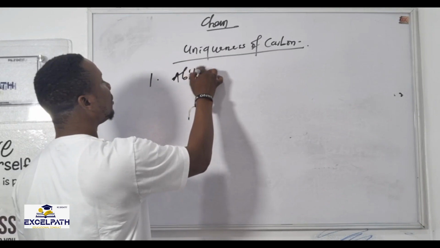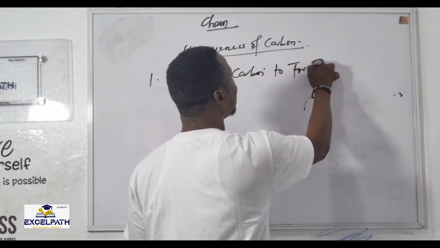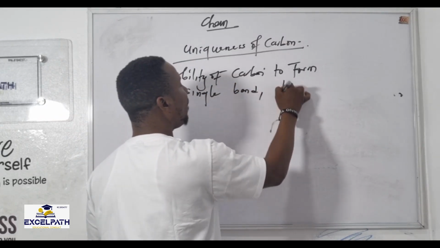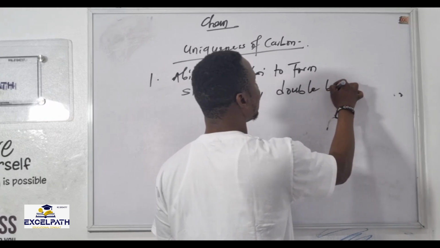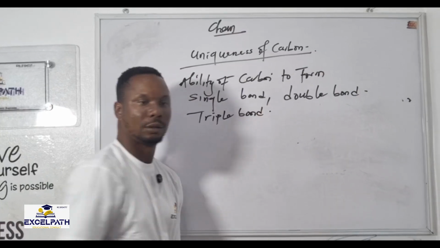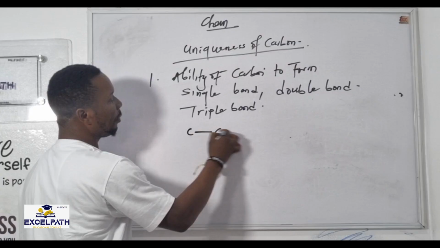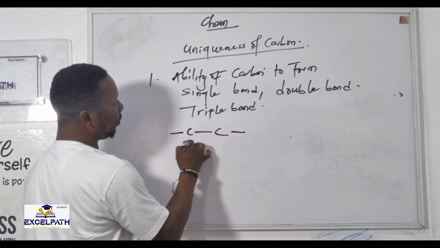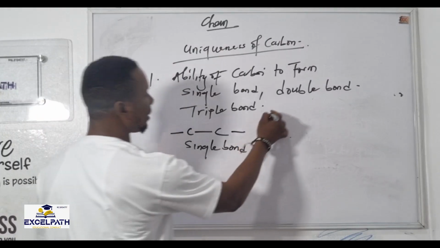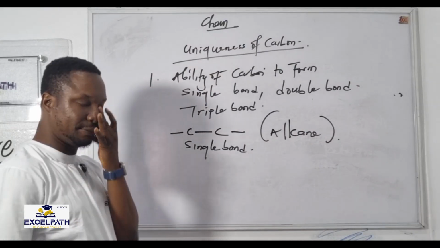Do you understand? So the last uniqueness is the ability of carbon to form a single bond, double bond, and the triple bonds. Carbons form single bond, double bond, and triple bonds. In this place, carbon can link with this. This is a single bond. If carbon has a single bond, it belongs to the alkanes.